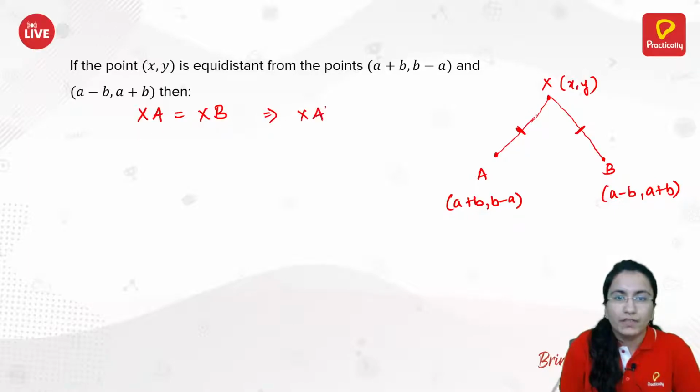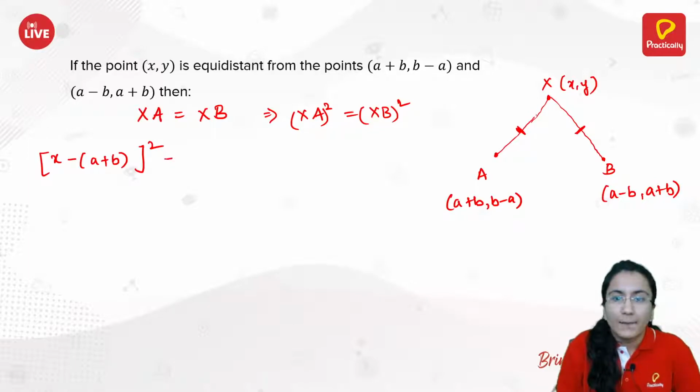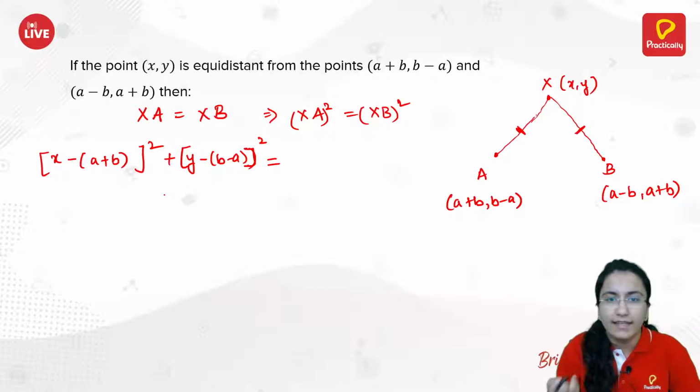I'll take the square so that the square root sign is removed. That means (x minus (a plus b)) square plus (y minus (b minus a)) square is equal to XB square. What I have written just now is XA square.